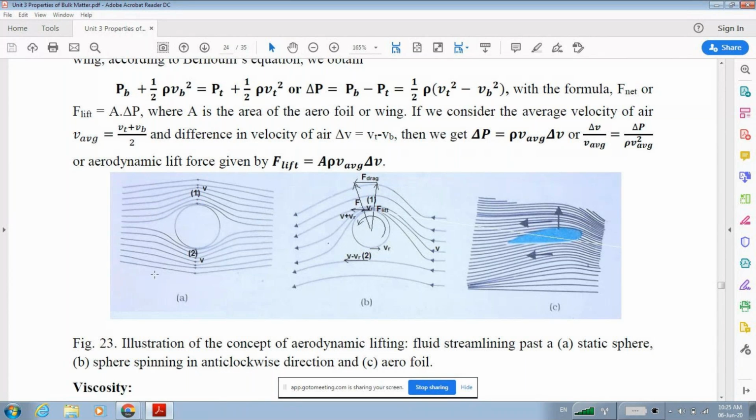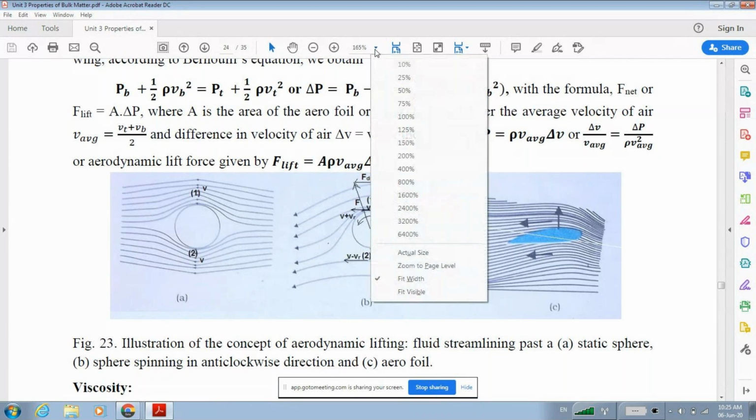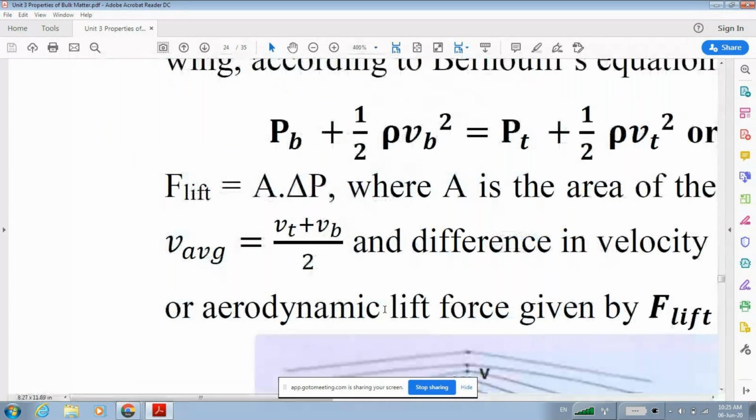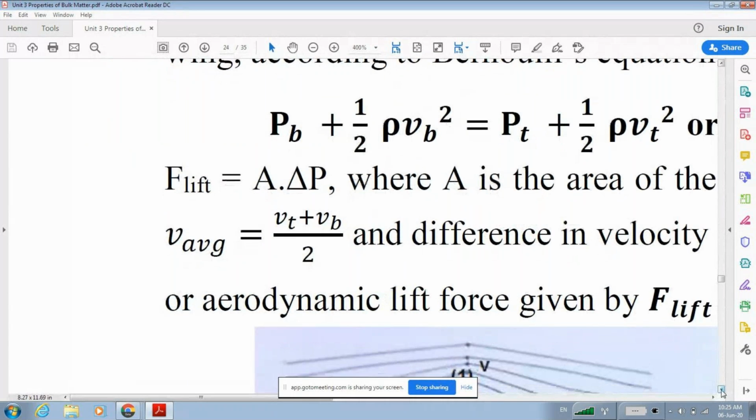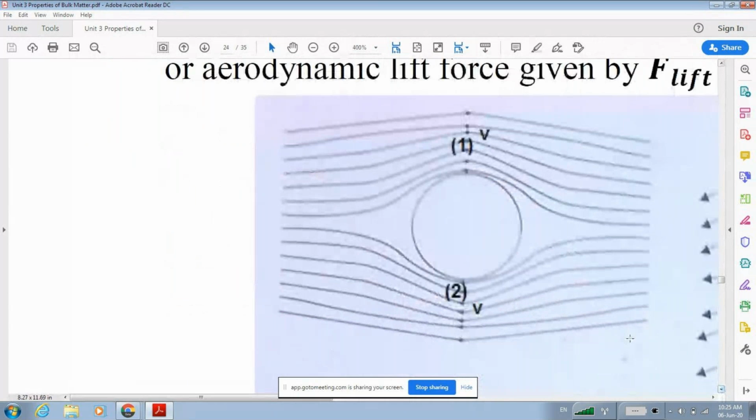Are you able to see the 23A figure? Yes, sir. Let us magnify. Here the streamlines are moving from right to left, whereas the ball is moving from left to right. When the ball comes as an obstruction, what happens? The streamlines will be deviated.